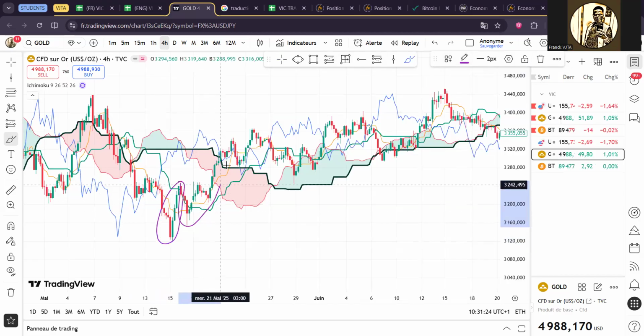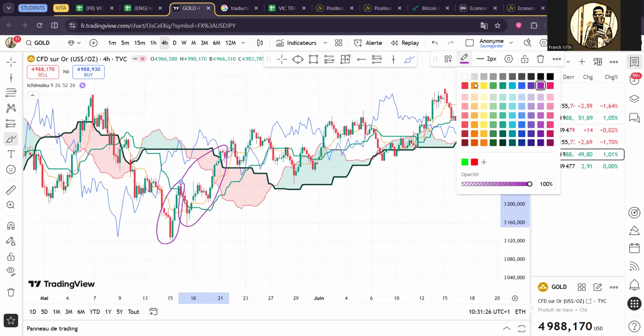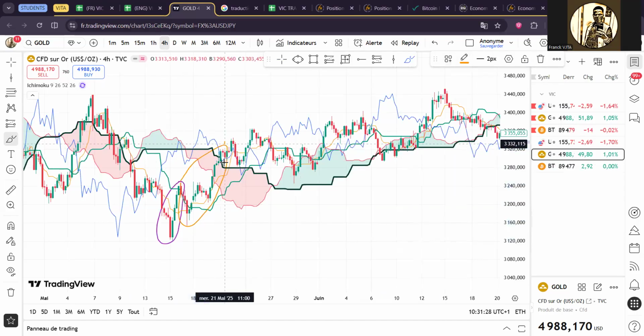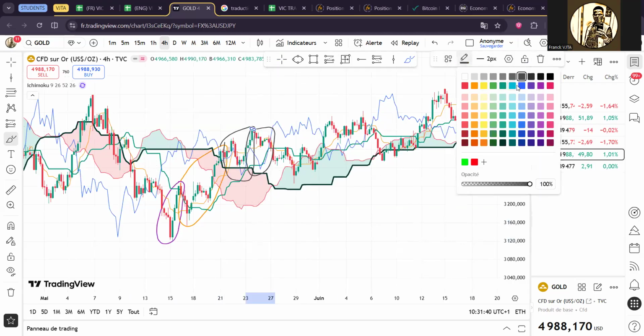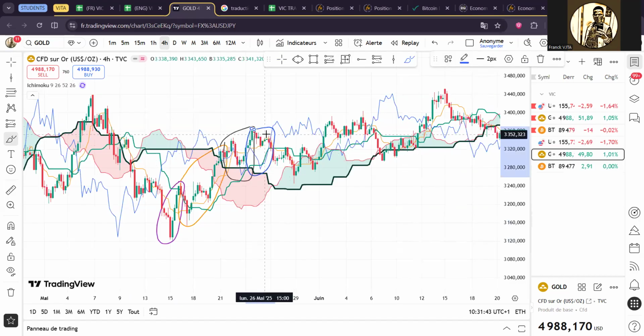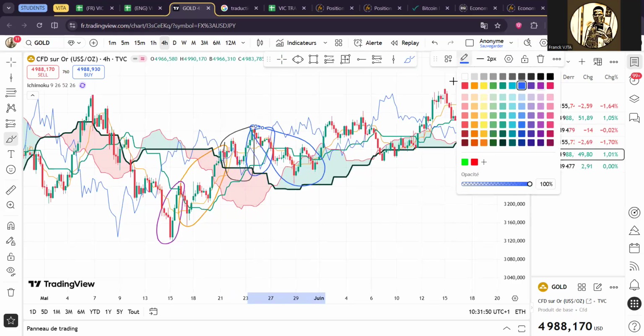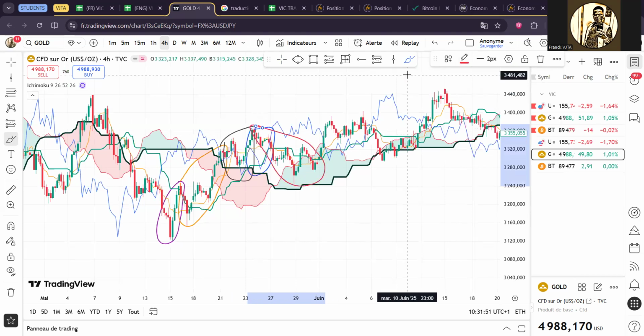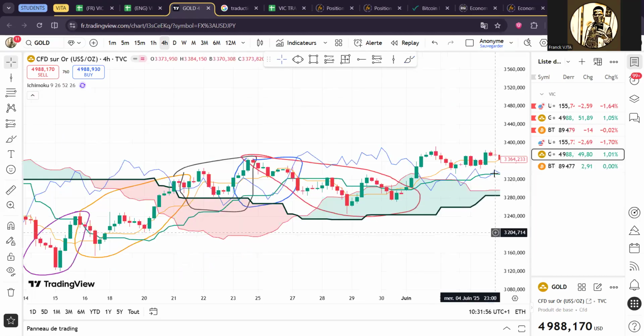Then we have here the reversal. Then at this lane you have the transition. And then let us take this one as just a new trend. So let us take this as a correction, right? Yeah, let us take this one as a correction.